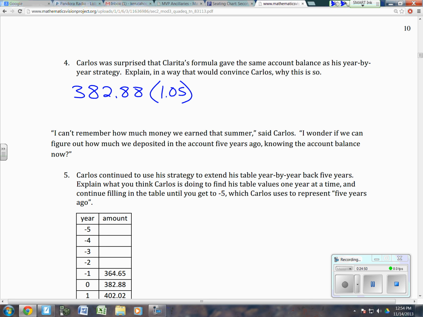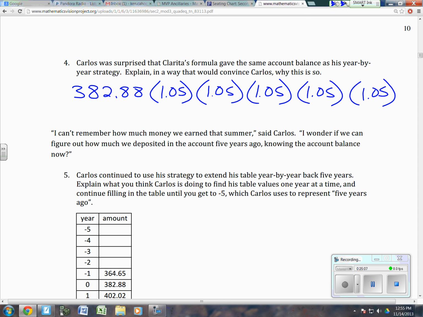Now, if I'm going to the 5th year, the long way of writing that would be to times it by 1.05. How many times? 5 times, right? So when I times 1.05 by 382.88, I would get the next number. What was the next number on that table?